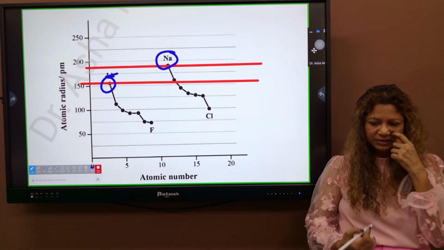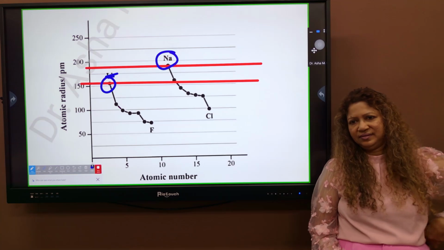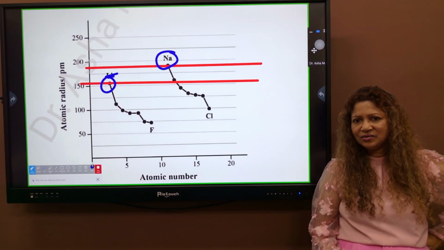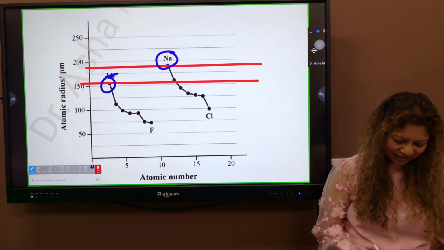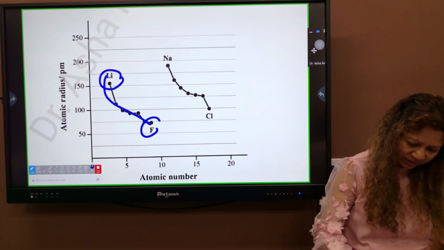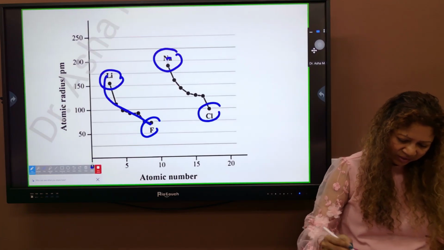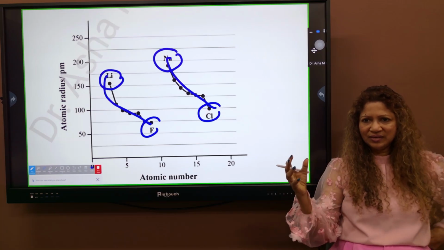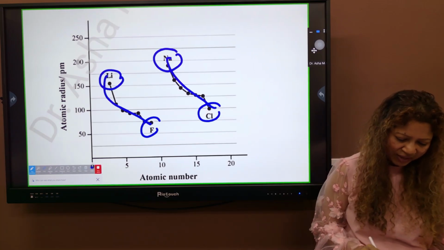I mean the sodium is higher. Why? The radius of sodium is high. Why? Electrons are entering into a new energy level. And see, same period, lithium to fluorine, it's getting down. Same period, sodium to chlorine, it's getting down. Why? Yeah, protons are increasing, so the attractions are high.